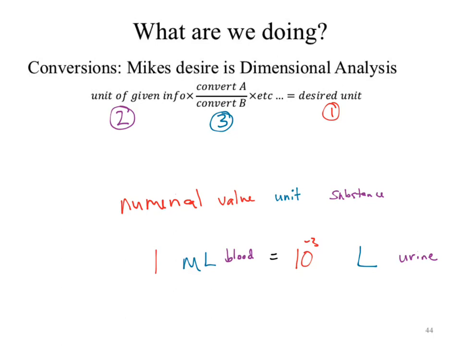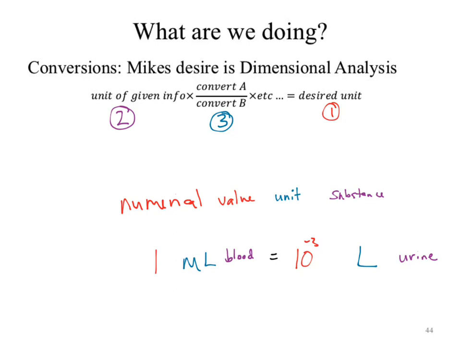The substance is changing. Well, is that relationship weird? Why is that weird? It's connected. Is urine in your blood? No. Okay? We would need a conversion factor to relate those two. I'm changing the substance and the unit. I can't do that. I can only change one at a time.